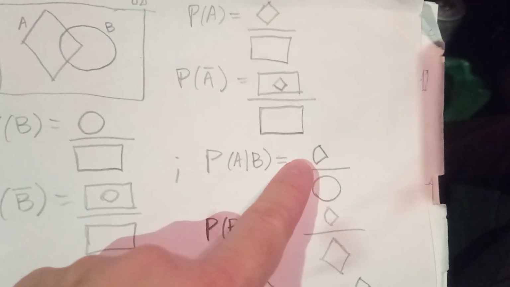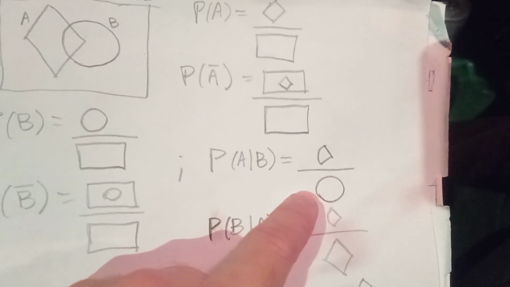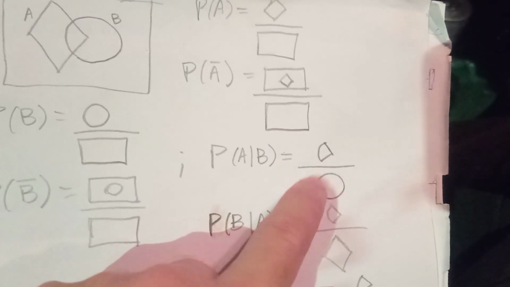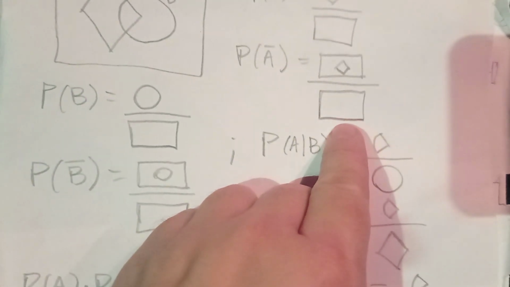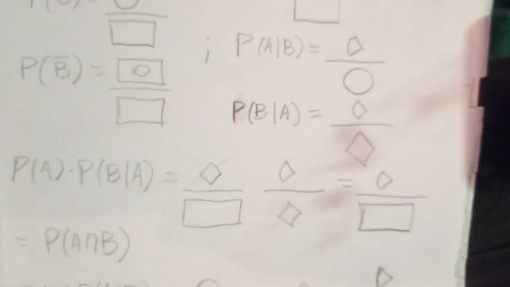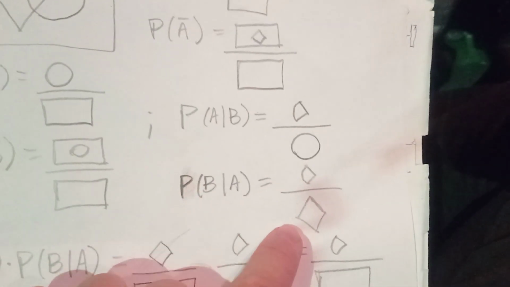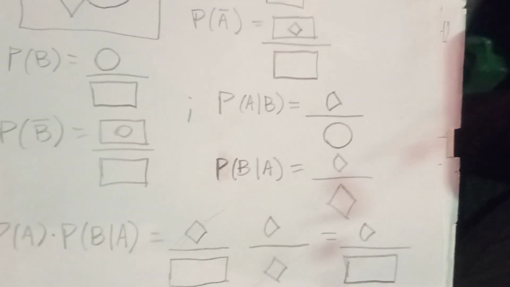So it is the probability of being inside this fraction of our circle divided by the probability of being in the circle, as in P of A inter B divided by P of B. The probability of having B given A is the probability of being in the intersection divided by the probability of being A, given that A has happened.